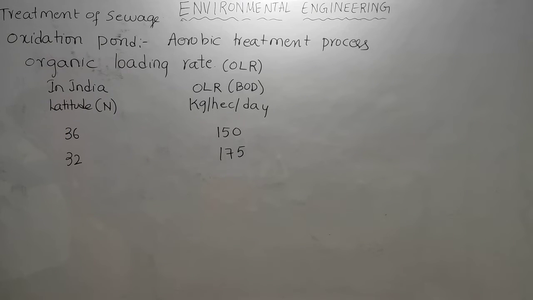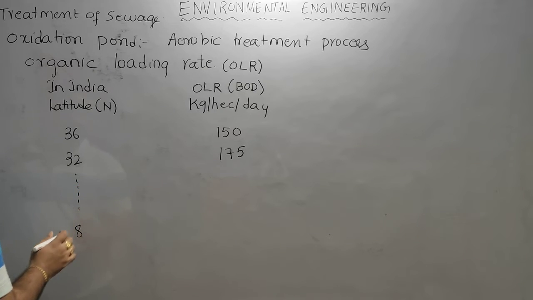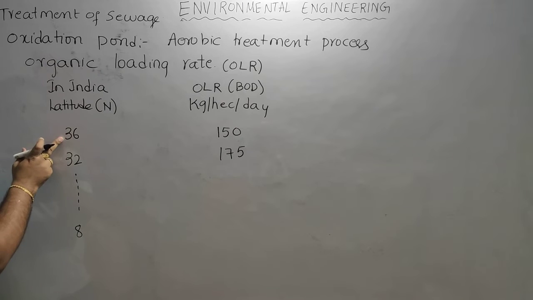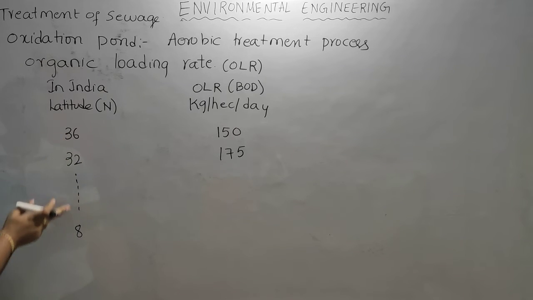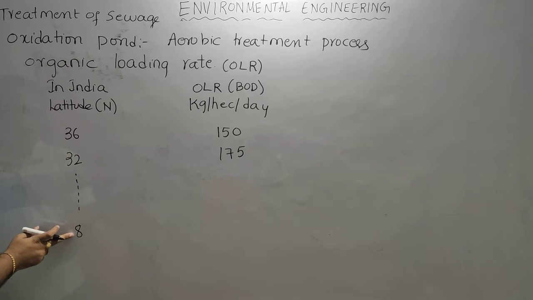Similarly, there will be 8 degree latitude, because India lies between 8 degree latitude at Andaman Nicobar and 36 latitude at Jammu Kashmir. Okay, so this is the latitude limit of India. So it starts at 36 and ends at 8 degree latitude. So 8 degree means very near to the equator.